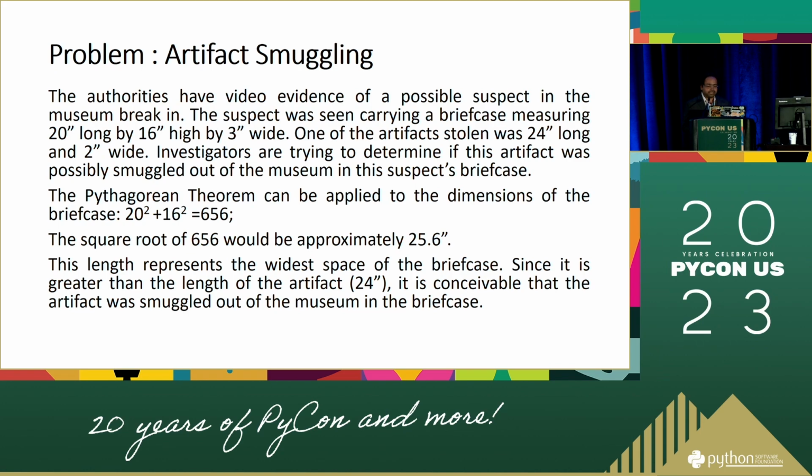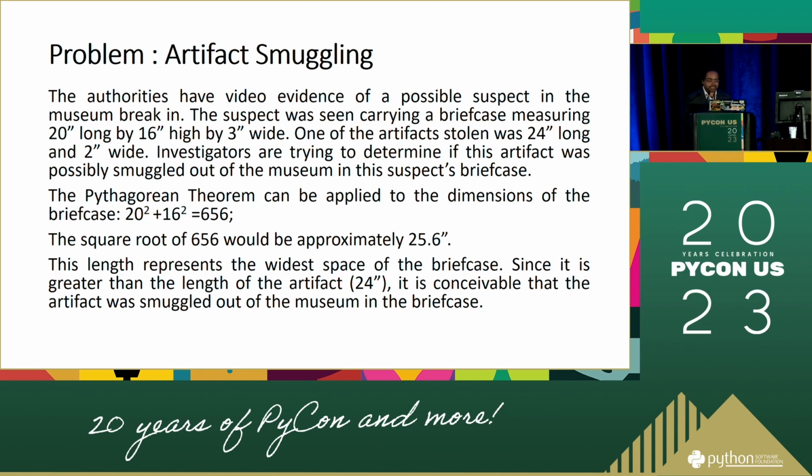Now investigators have to determine whether the artifact was possibly smuggled out of the museum inside the suspect's briefcase. Here the Pythagorean theorem can be applied on the dimensions of the briefcase. So it is 20 squared plus 16 squared, which gives 656. The square root of 656 is approximately 25.6 inches.